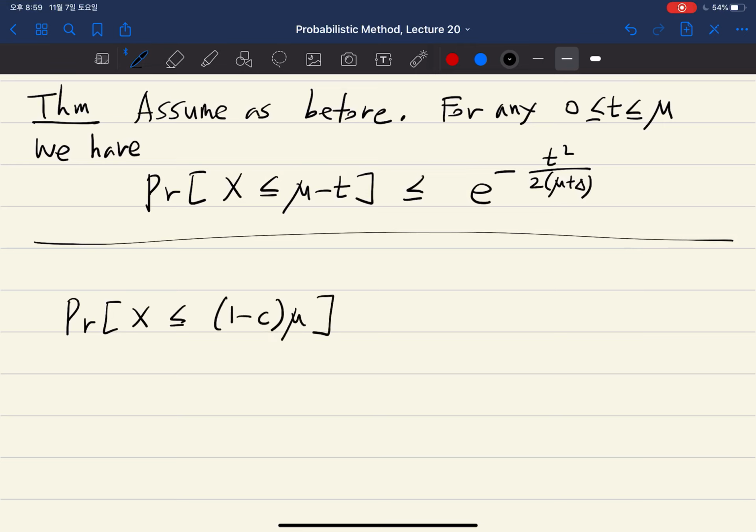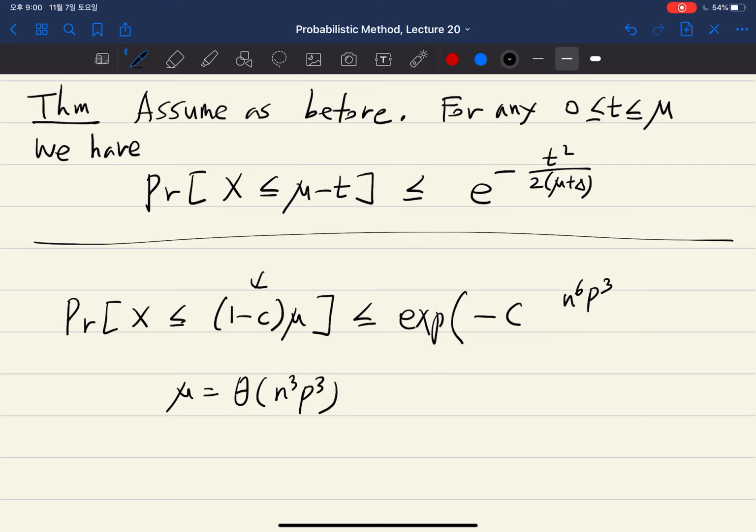Then we can actually show that the probability that it's smaller than its expectation by some constant factor smaller than 1 is, if you compute this, so we know that mu is roughly some constant times n to the 3, p to the 3. You take this t as c times mu, then this is c squared times mu squared. And again, mu is n cube p cube times some constant.